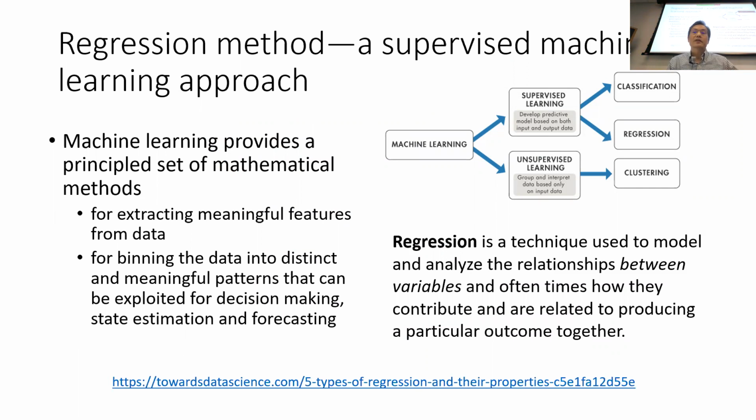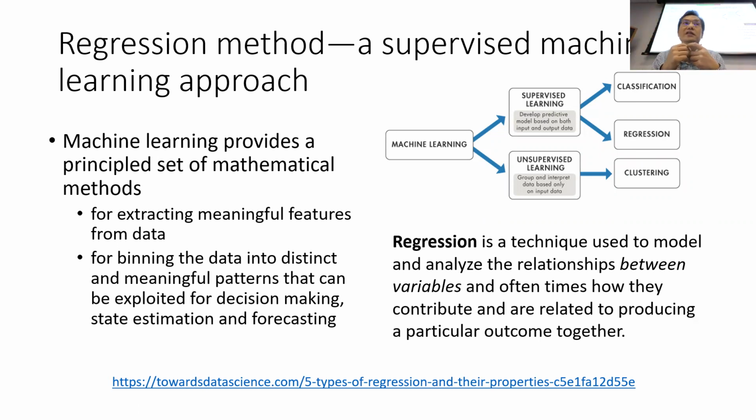Okay, so in the machine learning framework, this regression belongs to supervised learning, and we talked about unsupervised learning. Clustering is an example, and classification, because you need the training data, you have to build your classifiers, and that's supervised learning. Regression belongs to supervised learning because you want to use samples. Your samples are your scatter plot of the data points.